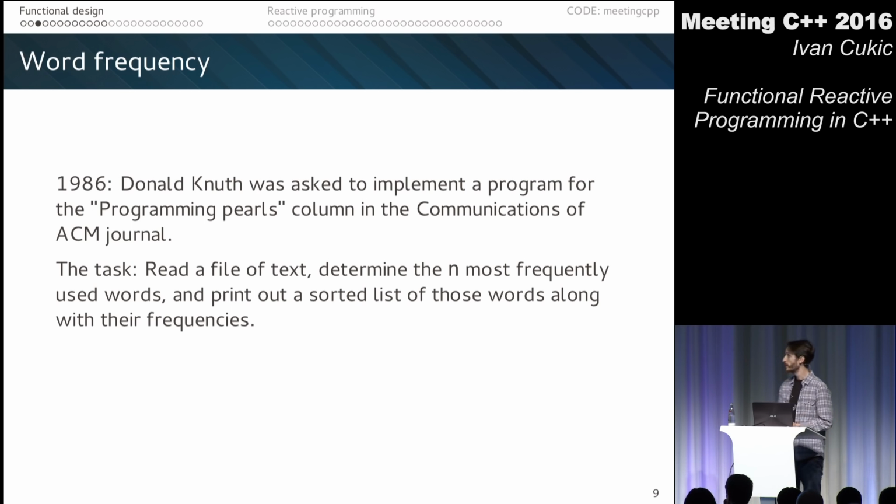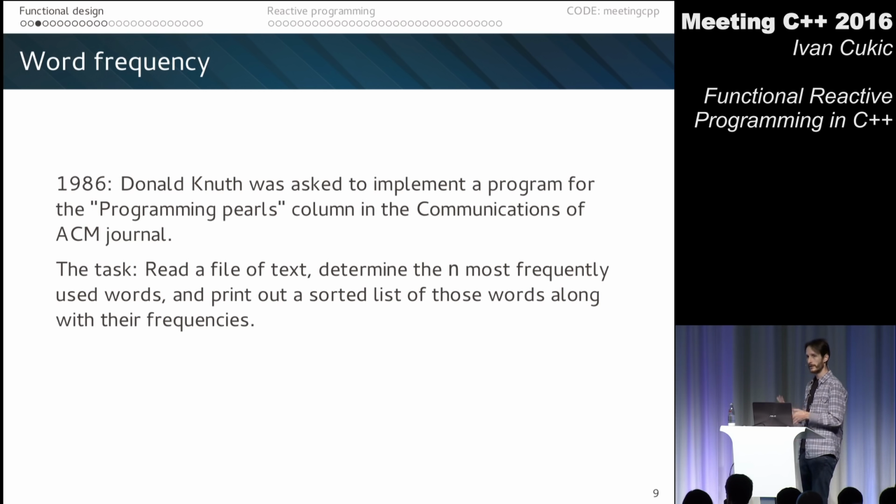A long time ago, in '86, the great Donald Knuth was asked to develop a program for one of the ACM journals. The program was supposed to read a text file, extract all the words, count them, and just print out the words that are most frequent, along with how many times each word appeared in the file.